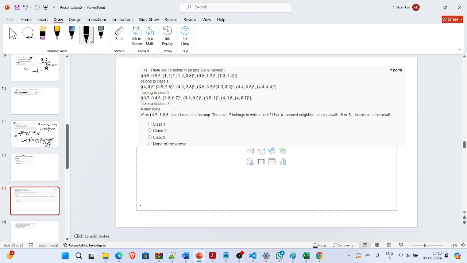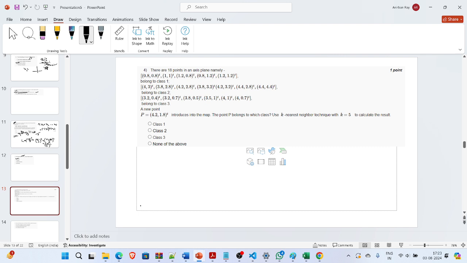Suppose 3 of them say class 1. So voting tells you which class it belongs to. Got it? Clear enough, right?